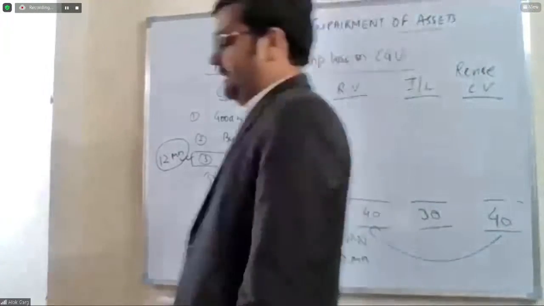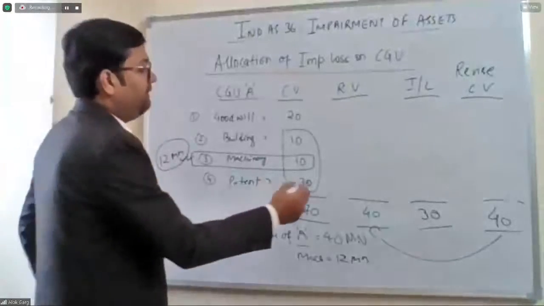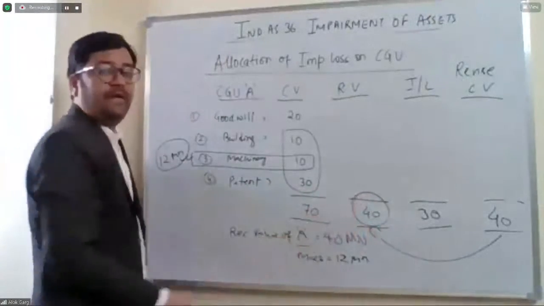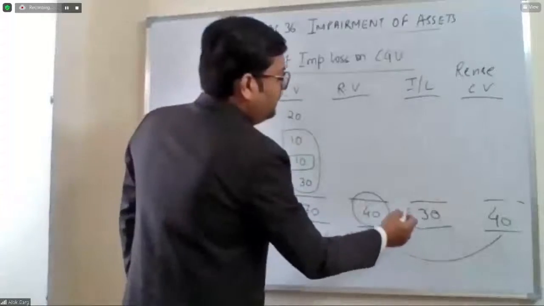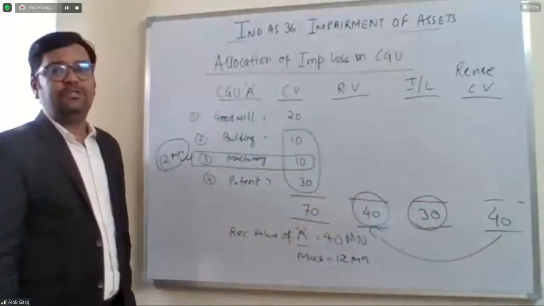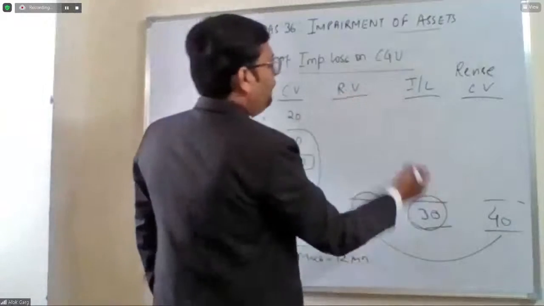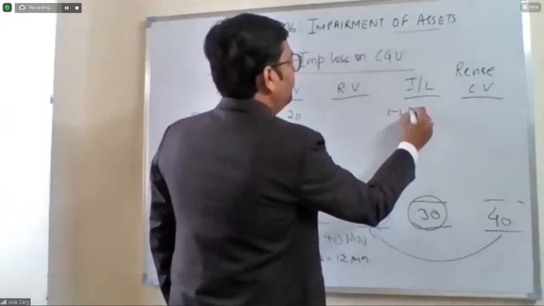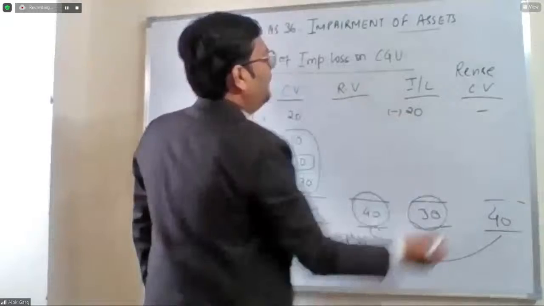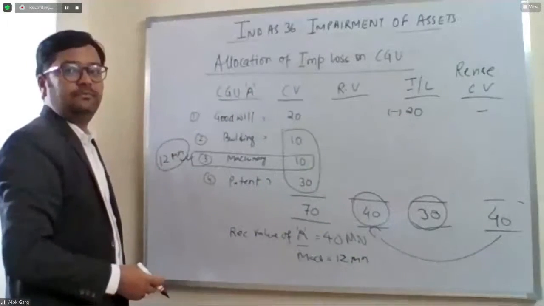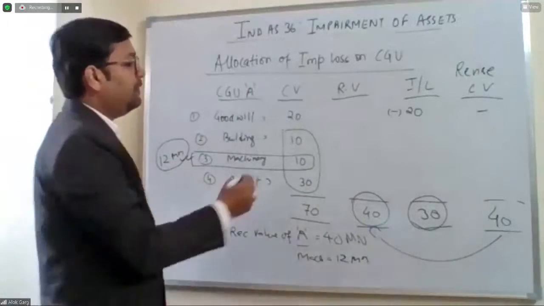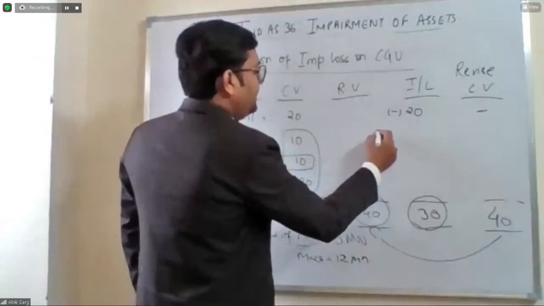So friends, in this case, the recoverable value of the entire CGU is 40. The entire impairment loss is 30, it will always be 30. Now let's see. First of all, out of 30, we need to charge goodwill. So the revised carrying value of the goodwill is 0. Now the remaining loss is 10 million.